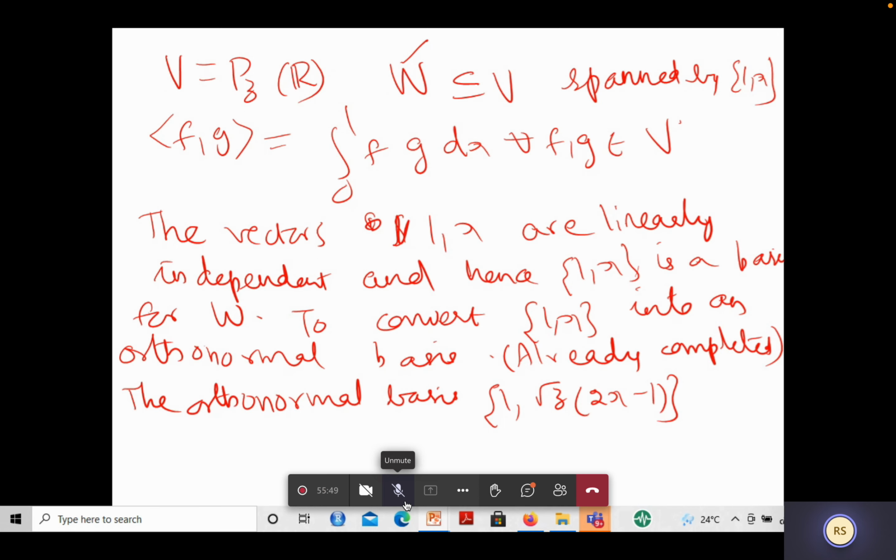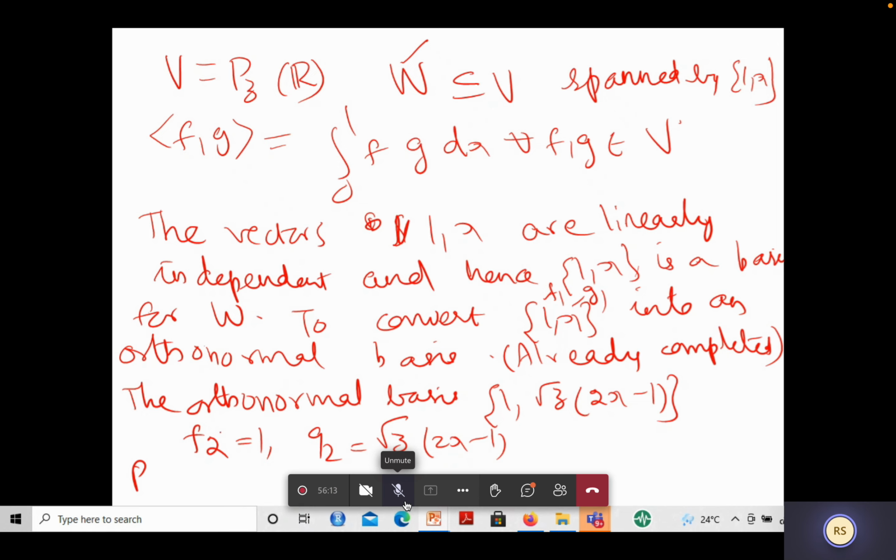Clear? Okay, so let me call this F1, G2 shall I call? This is F2, G2 is root 3 into 2x minus 1. This is F1, this is G1. So what is the projection?